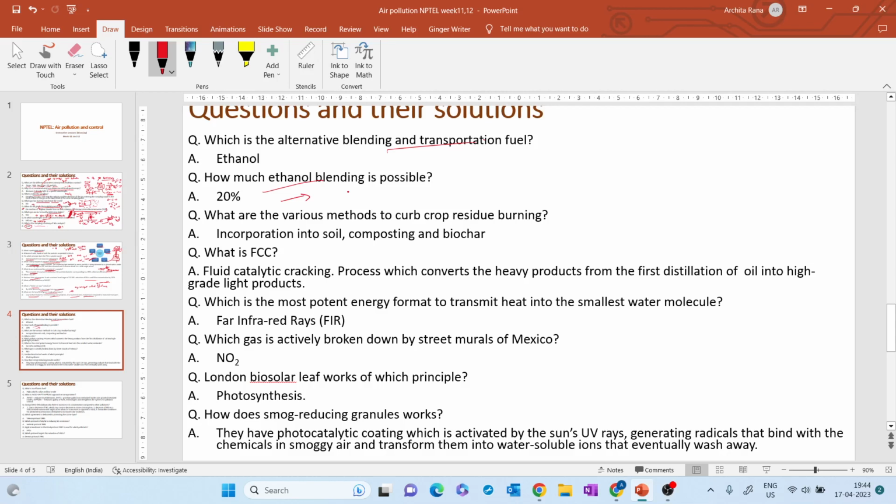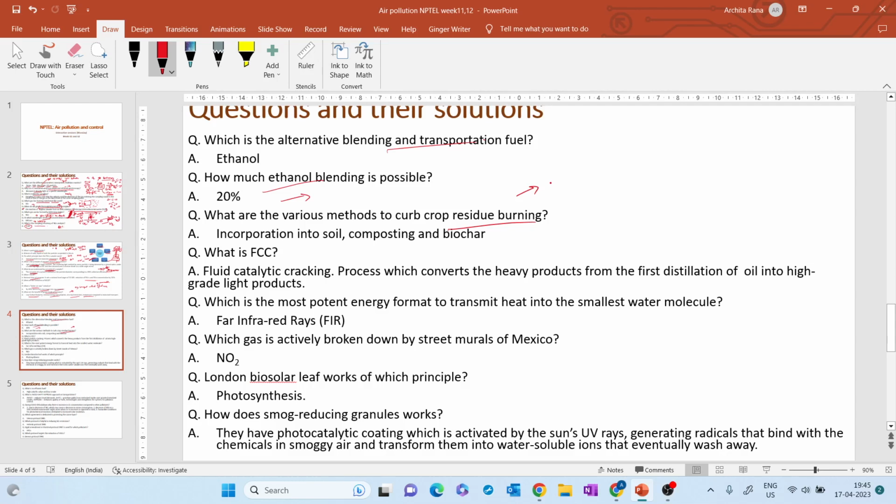Now another thing is crop residue burning. Crop residue burning is a method generally used in the northern part of India, which is Haryana, Punjab region, UP, where the farmers burn their crop residue after harvest.